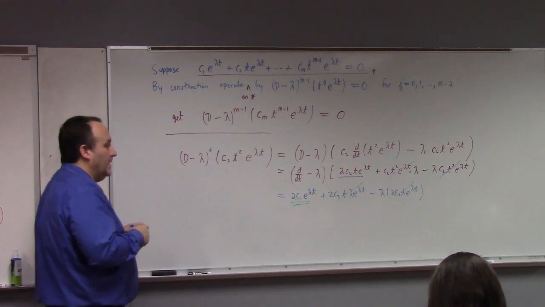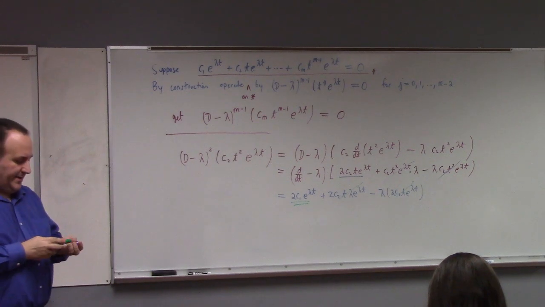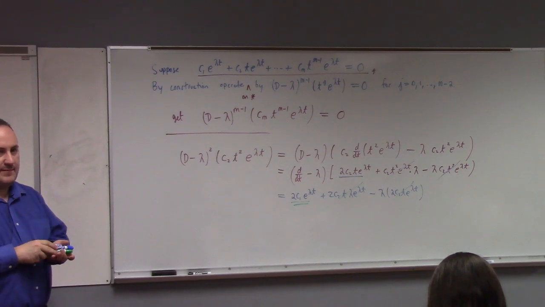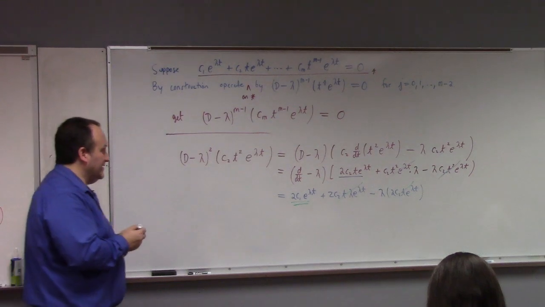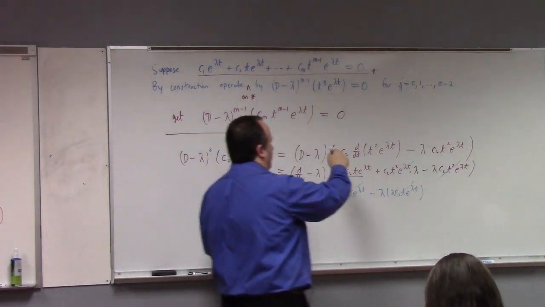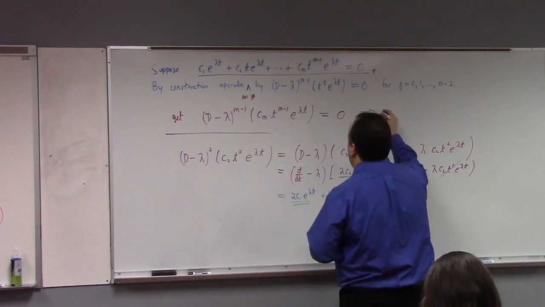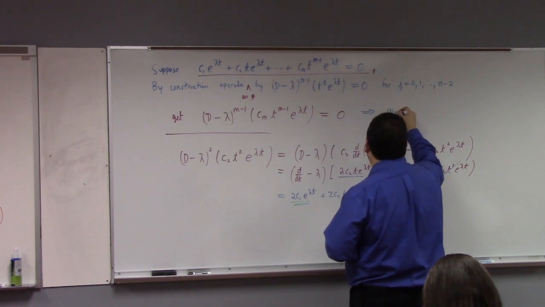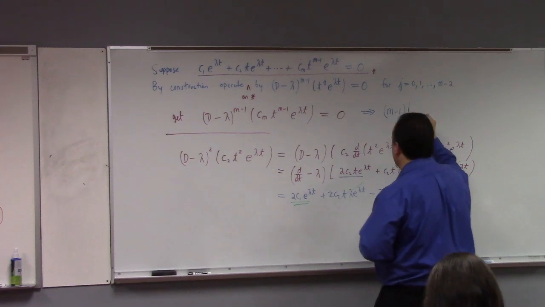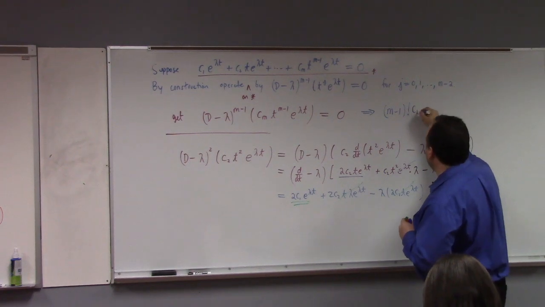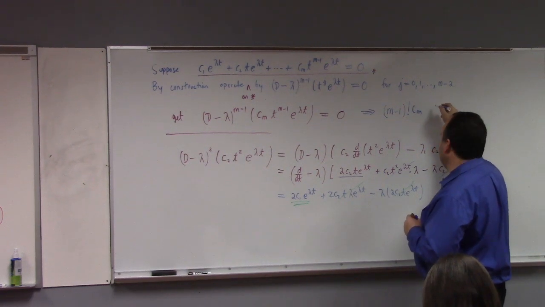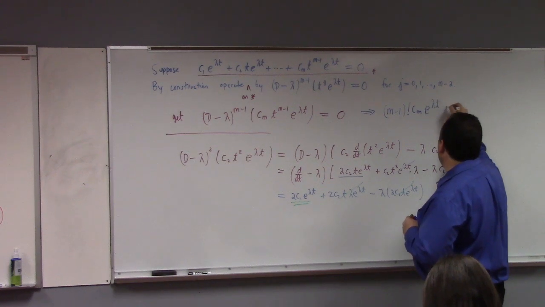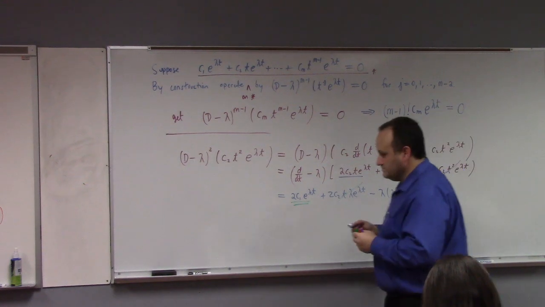All right. So this same thing will happen with the mth order, the m minus 1th order derivative. If we work through this calculation, if I remember right, we get m minus 1 factorial times cm e to the lambda t is equal to 0.